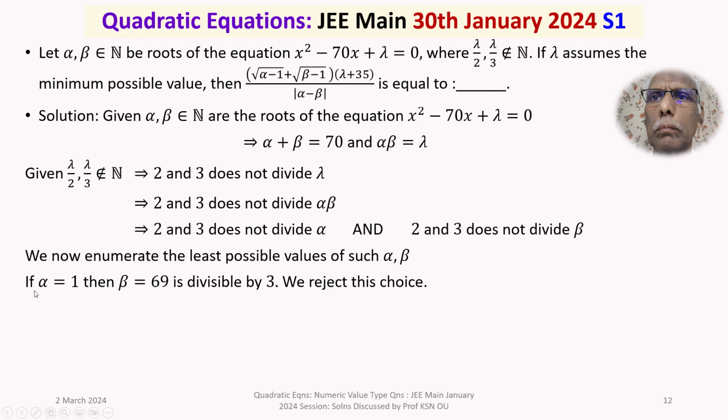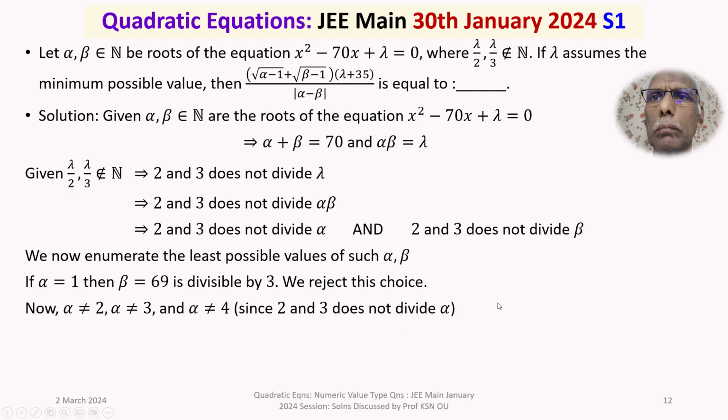Now, suppose we take α = 2. We can't, because 2 and 3 do not divide α. So α = 2 is not possible. α = 3 is not possible. α = 4 is also not possible because 2 divides 4. So α ≠ 2, α ≠ 3 and α ≠ 4, since 2 and 3 do not divide α.